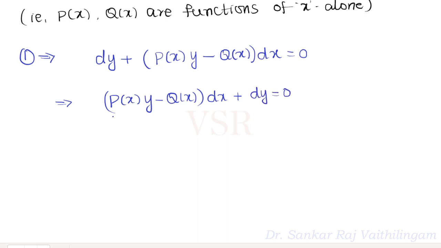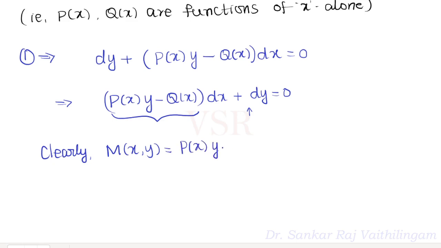Now we can check whether this is an exact differential equation. This one is M of x, y and this one is N of x, y. So clearly this M of x, y is equal to p of x into y minus q of x, and N of x, y is equal to 1.